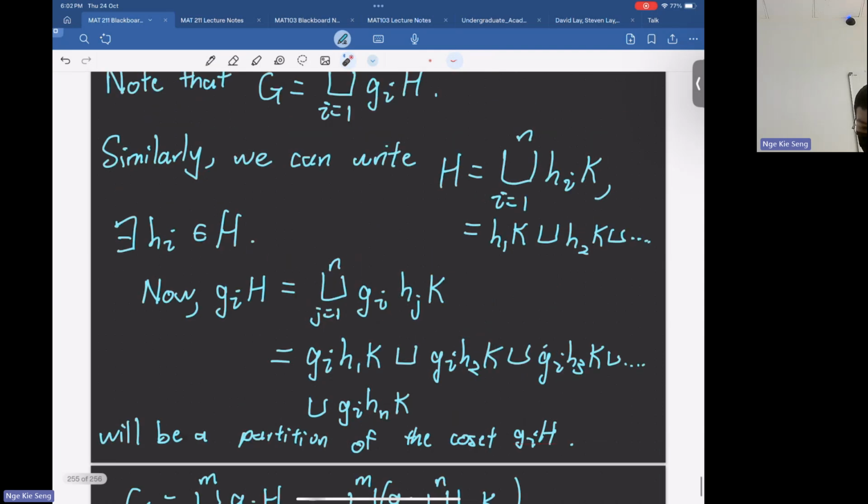Yeah, because I can decompose H first, and then I multiply Gi to all these partitions. So what's this? This is simply Gi times the elements in the set, but I can first decompose this set. If you draw a picture, this is Gi multiplied by a set H, so multiply every element inside here. But you first partition and then you multiply. It's the same thing.